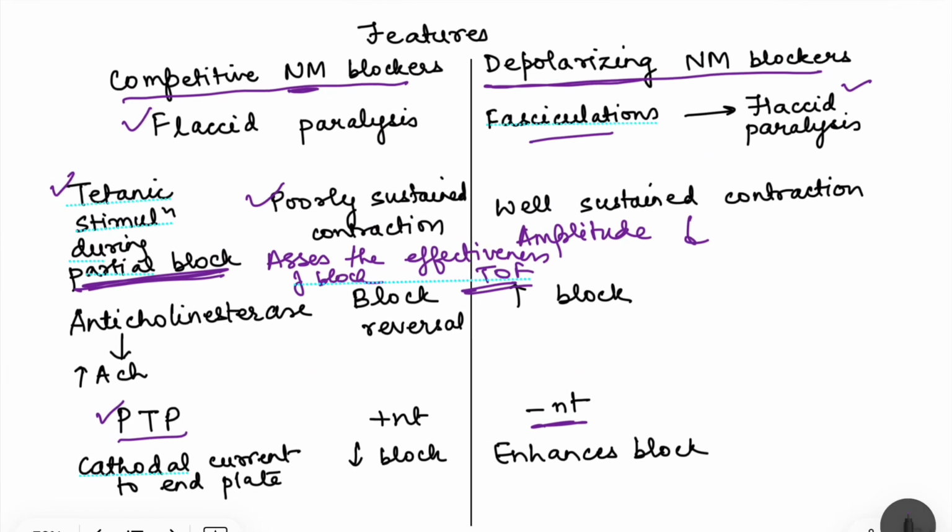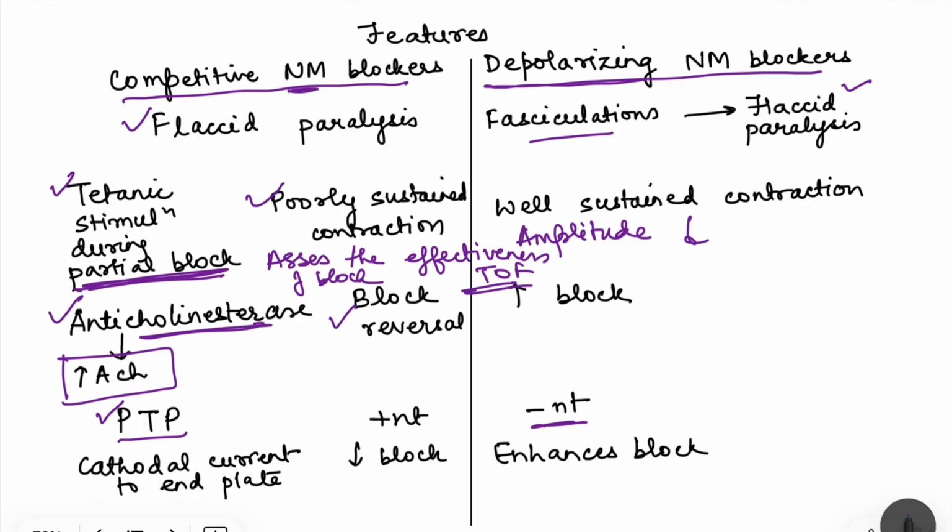Then what will be the effect if anticholinesterase is given? Anticholinesterase is a drug which will block the cholinesterase enzyme, and if cholinesterase enzyme is blocked, there will be an increase in acetylcholine in the synaptic cleft. So this acetylcholine will reverse the block seen in the competitive neuromuscular blocker.